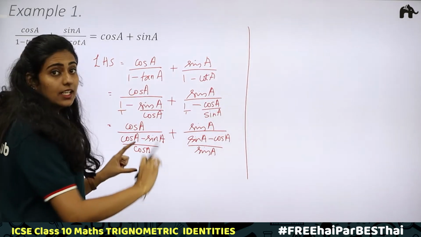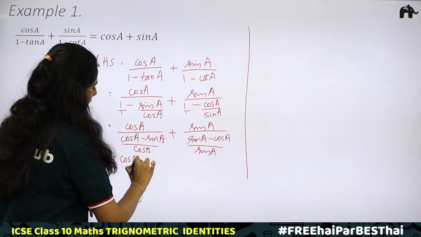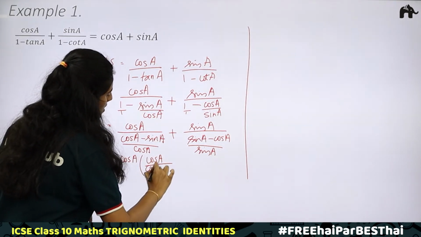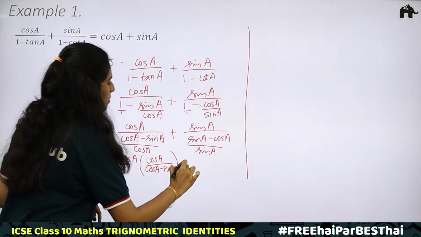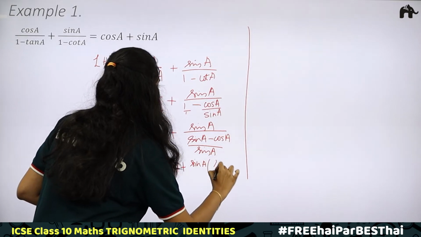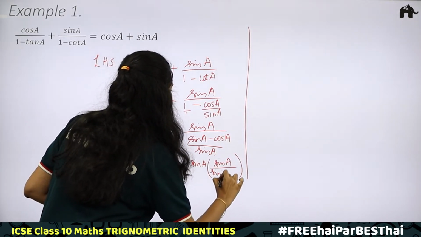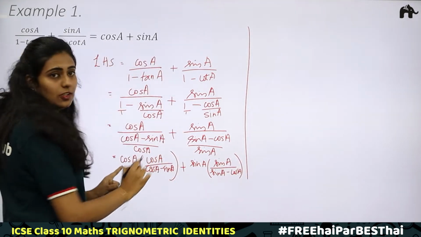Next, taking the reciprocal and multiplying, we get cos A into cos A divided by cos A minus sin A plus sin A into sin A divided by sin A minus cos A. What is cos A into cos A?